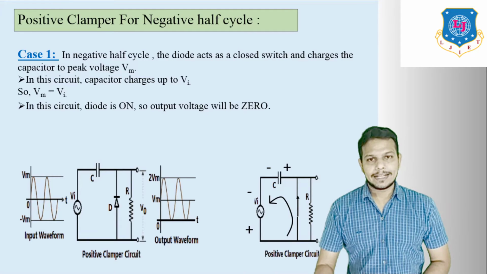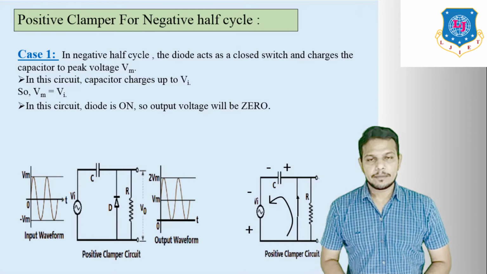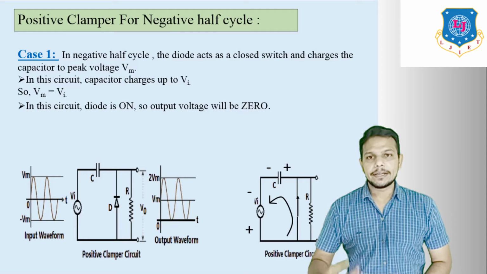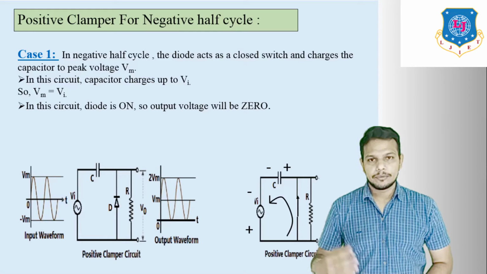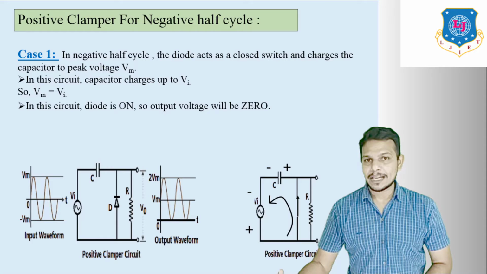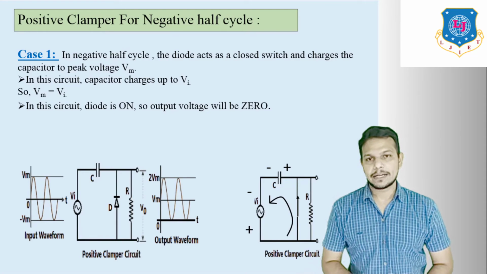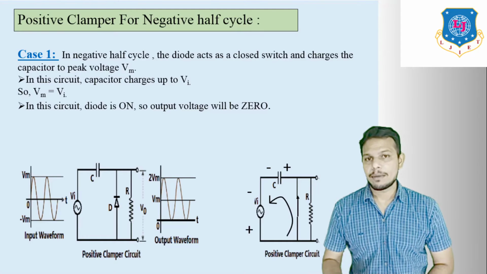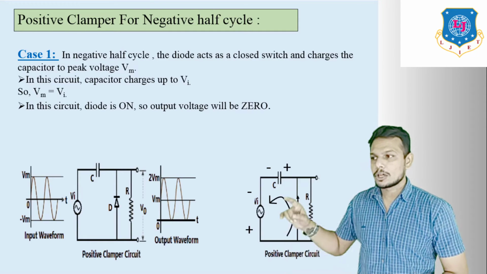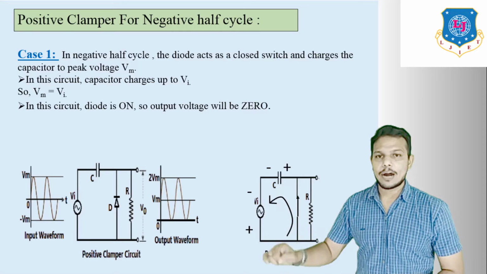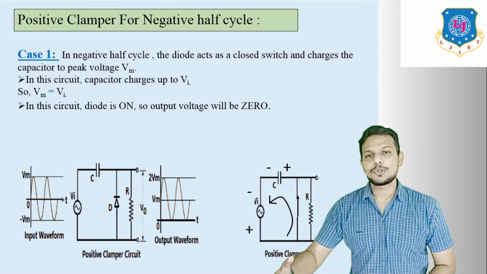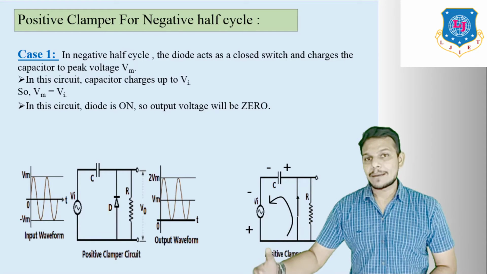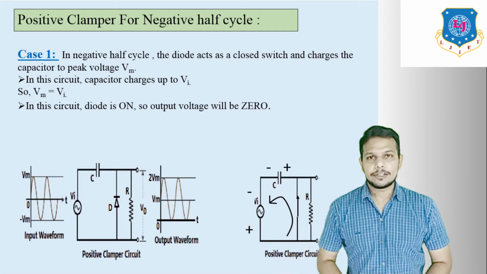So let us discuss the cases. We enter the input waveform, which is in the form of a positive half cycle and a negative half cycle. First you have to take the negative half cycle. Remember this, you have to treat this diode as short circuited first.